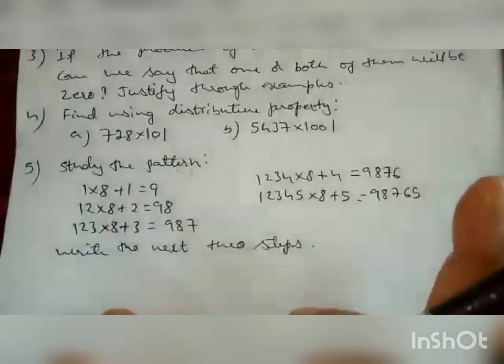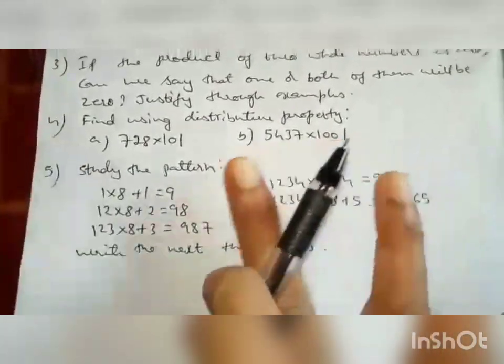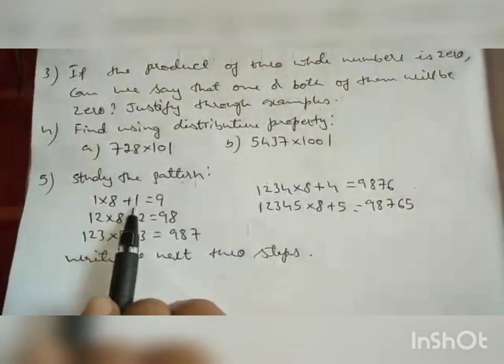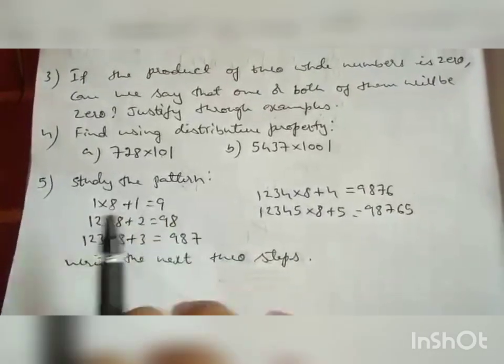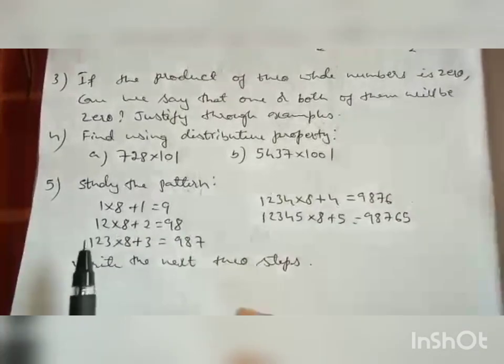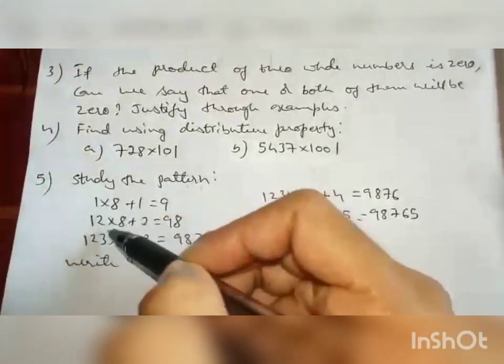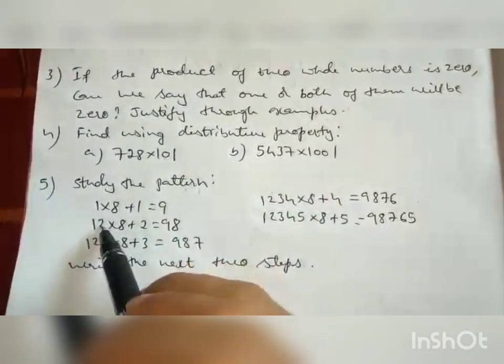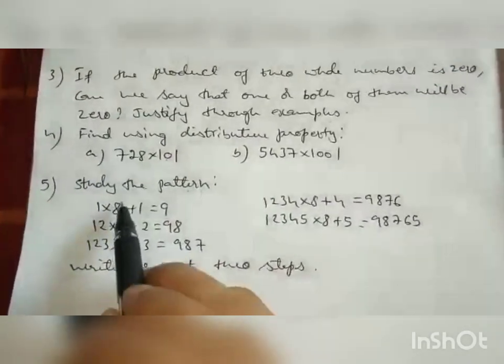Fifth question. This is like a game. So, study the pattern. 1 into 8 plus 1 is equal to 9. 12 into 8 plus 2 is equal to 98. See how the numbers are here. 1, then 1, 2, then 1, 2, 3.